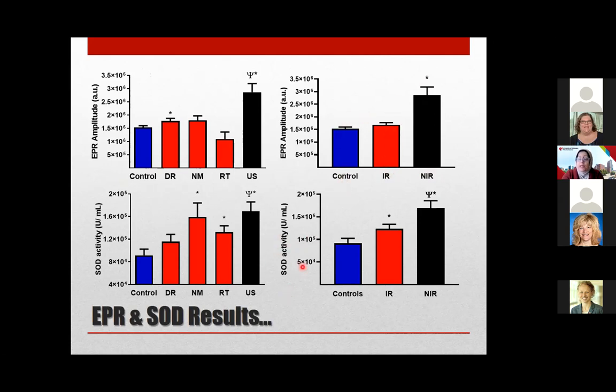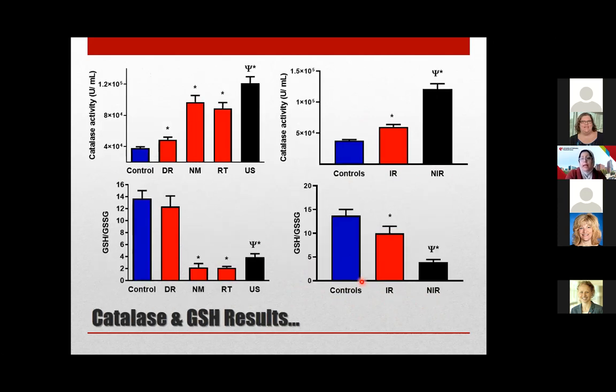And the same thing with the intracellular level of SOD: we see a significant increase in ionizing and non-ionizing radiation groups as compared to the control, with more significant differences in the non-ionizing radiation as compared to both ionizing radiation and the control.